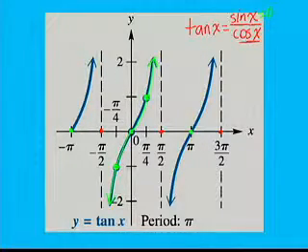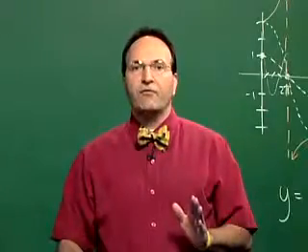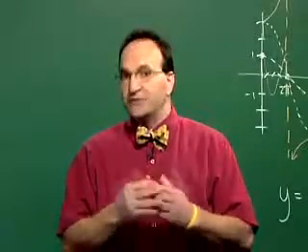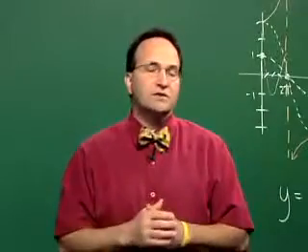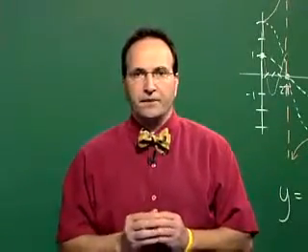The tangent's period is only pi, and therefore we complete one cycle in that range of pi. It is discontinuous, and there is no amplitude, but it does display odd symmetry.